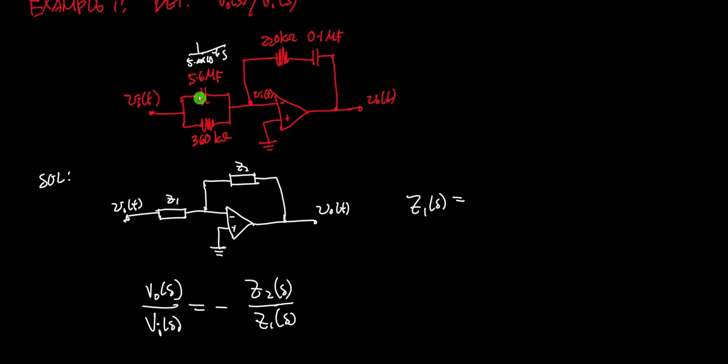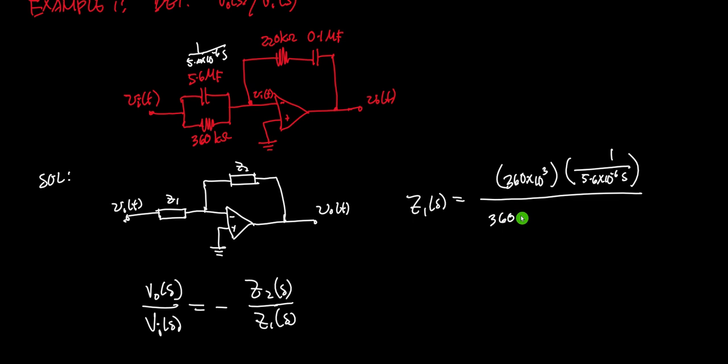So this impedance multiplied by this: 360 times 10 to the 3 multiplied by the capacitive reactance, which is 1 over 5.6 times 10 to the negative 6 S, and this is all over the sum, so 360 times 10 to the 3 plus 1 over 5.6 times 10 to the negative 6 times S. That's Z1.